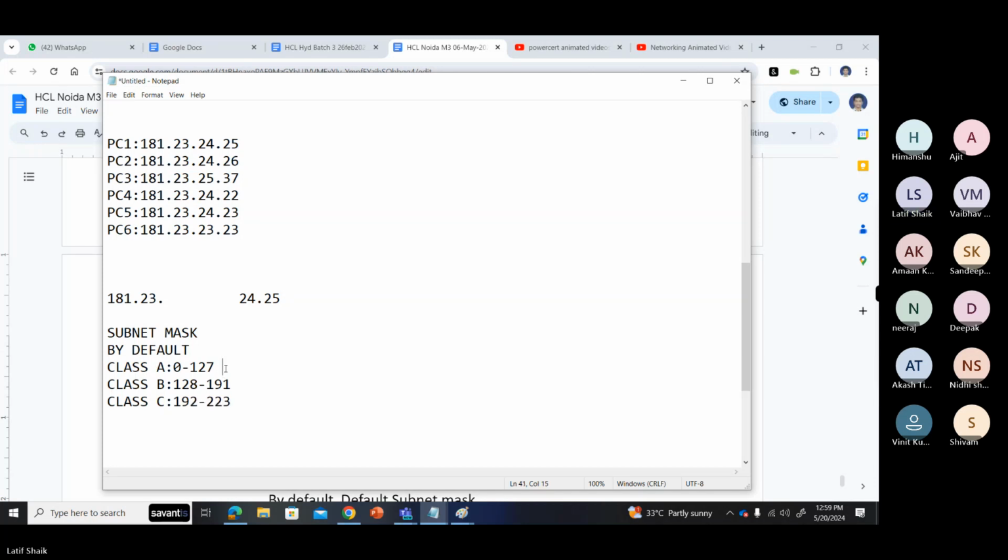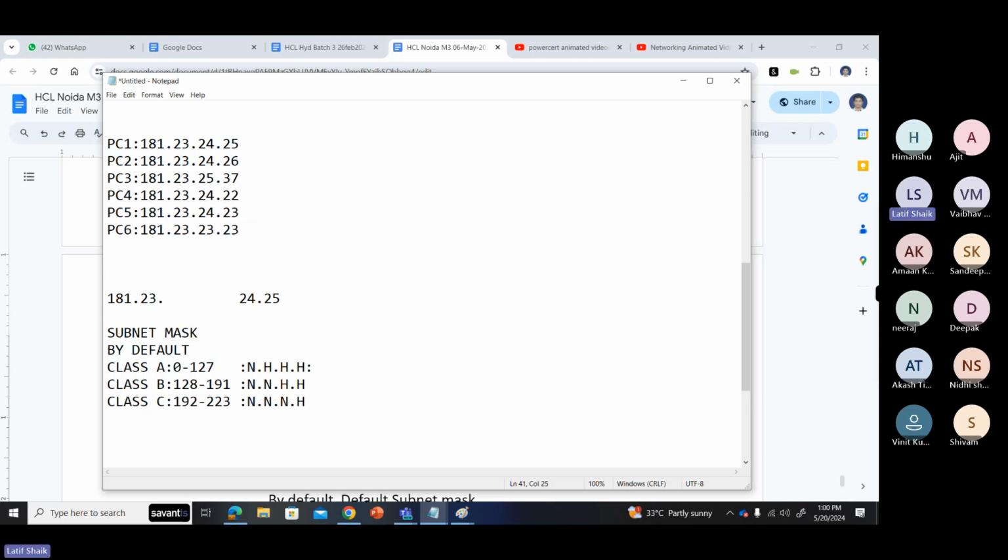This is class C. And here, the first portion is the network portion, the remaining are host portions. By default, in class B the first two portions are network and the remaining is host portion. First three are network portions, the remaining is host portion.